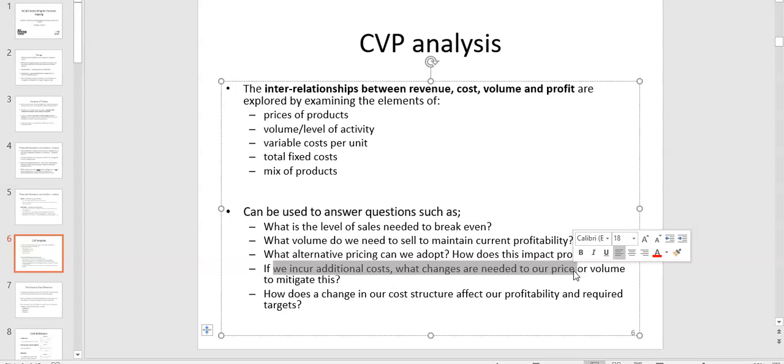How does a change in our cost structure affect our profitability? So if we change our cost structure and we automate part of our production process, or we outsource part of our offering, how does that change our cost structure? Does it increase our risk or decrease our risk? So all of these very practical, very pragmatic questions, we can use management accounting techniques to help inform the answer.